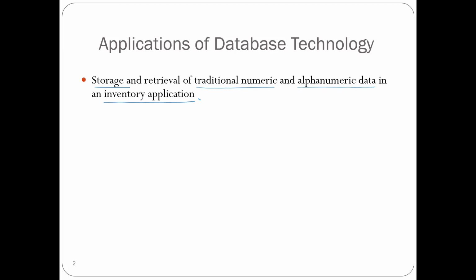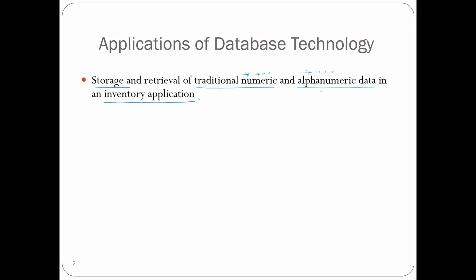That information will be stored in the inventory application, which will have the number of products, the name of the products, the quantity of the products, and the price of the product. This is a simpler database because the data is going to be numeric, like the price and the quantity, and then alphanumeric, where we have the alphabets as well as numbers.